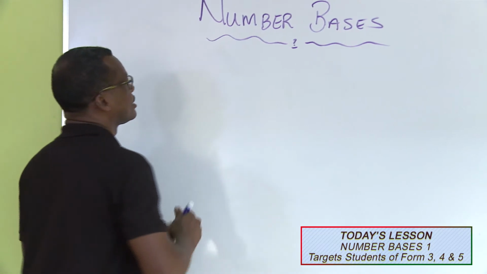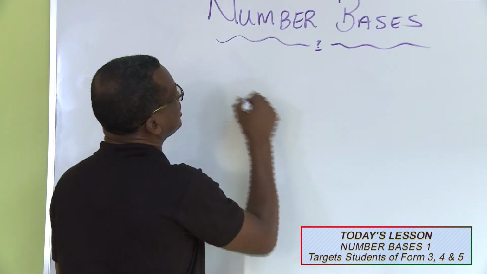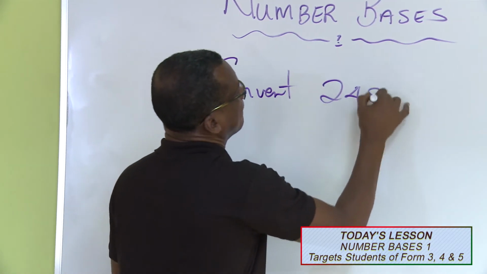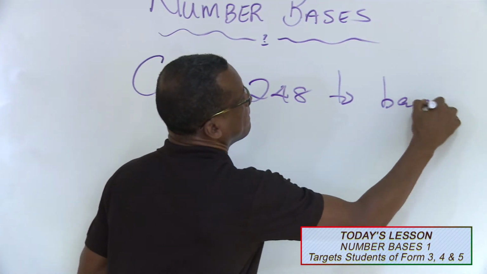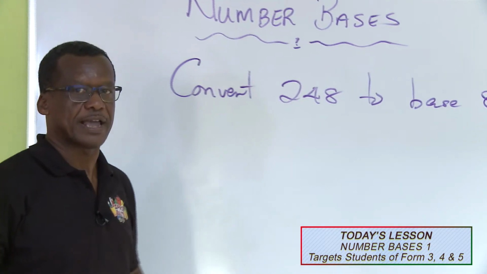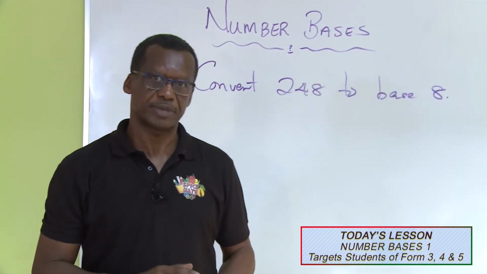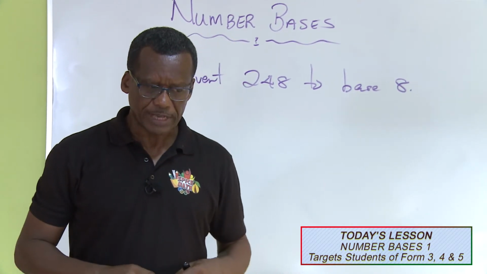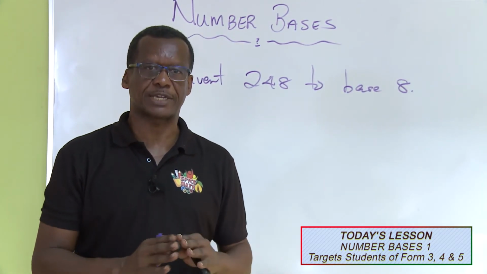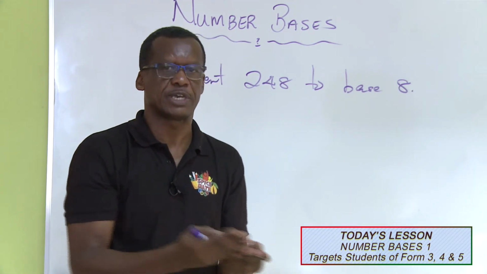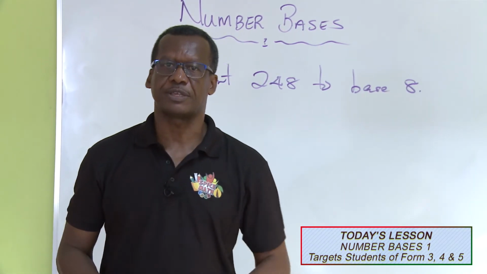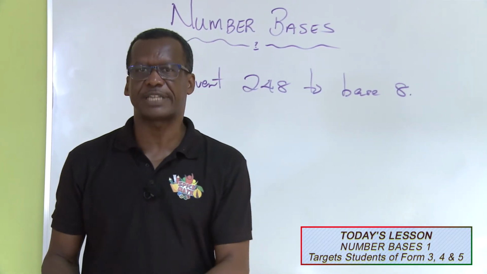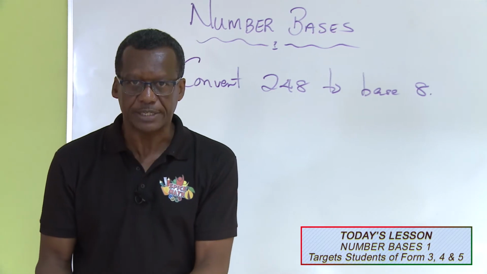So let's take the number 248, and let's convert that number to base 8. And remember what I said, that when we convert between bases, we are actually breaking up one set of groups and forming another set of groups. In this case, we will be breaking up the groups of 10 and reorganizing them this time into groups of 8.